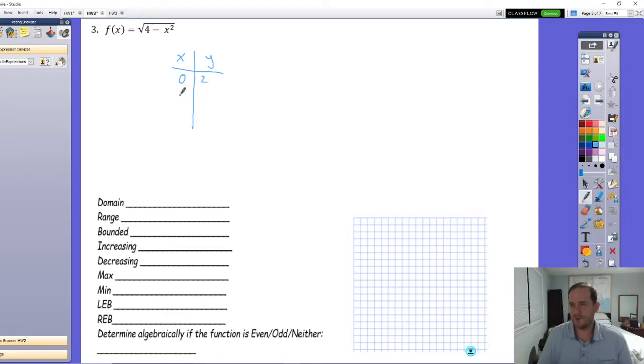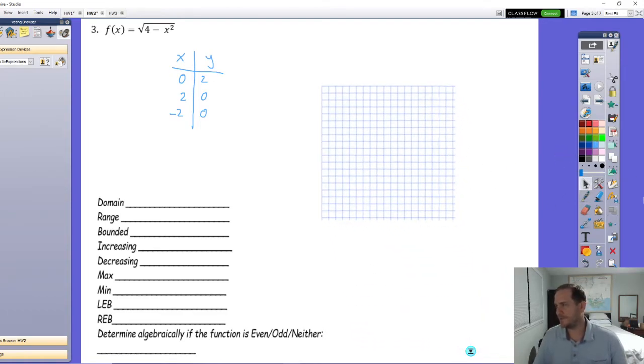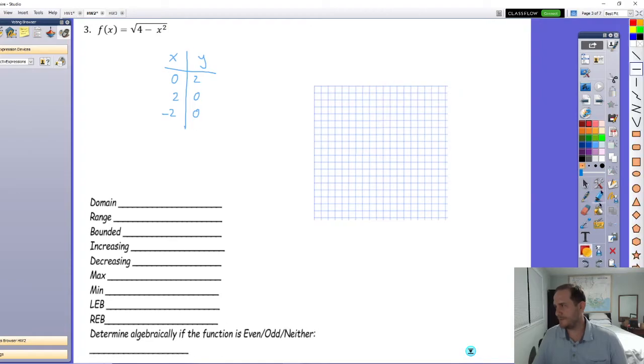If you go out to 1, then you get root 3, which I don't care for. You go to 2, yeah, at 2 you're going to get 4 minus 4, which is 0. Negative 2, you get the same thing. So we kind of ran through this idea in class. I think we plotted these 3 points and we figured out our shape that way.